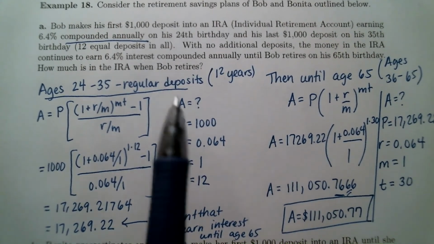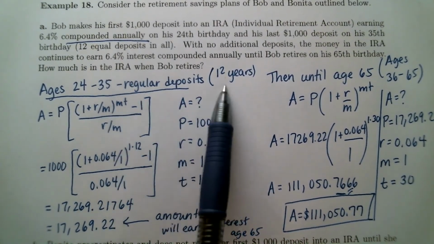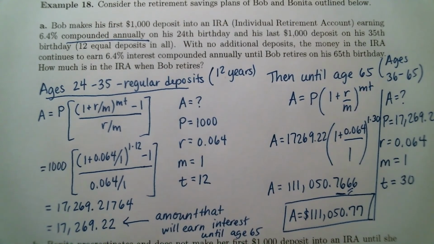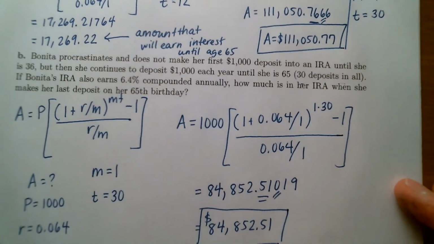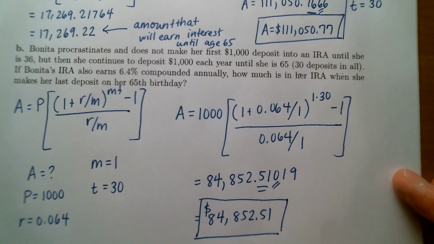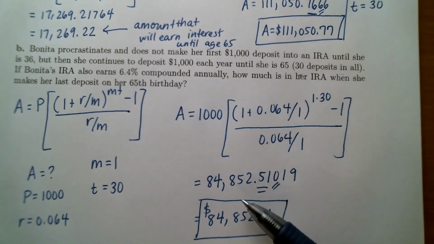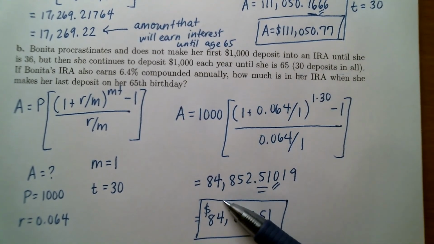Bob contributed $1,000 every year for 12 years, so he only gave $12,000 out of his pocket. But look at the difference. Just from saving so much earlier, starting at age 24 as opposed to age 36, look how much more money Bob has than Bonita.